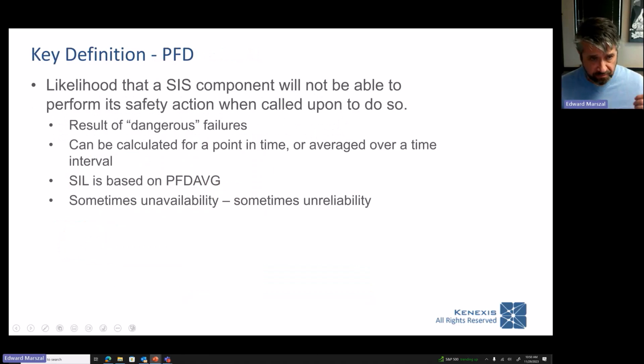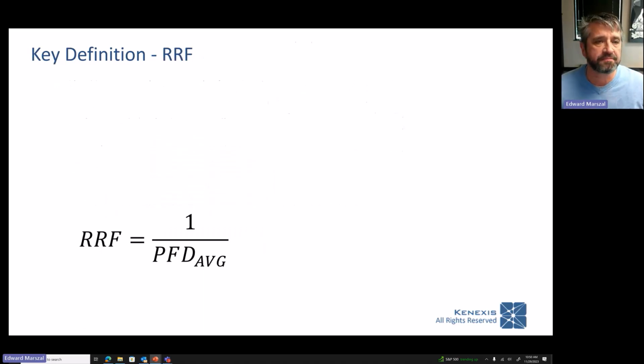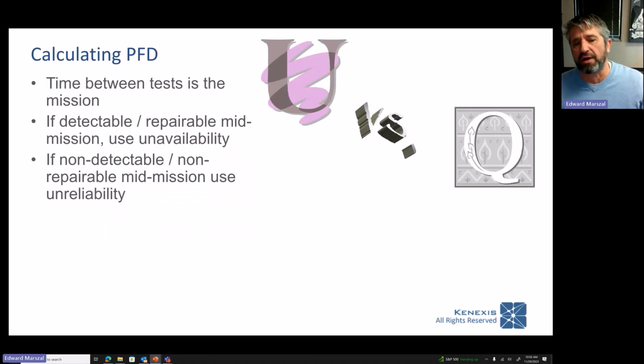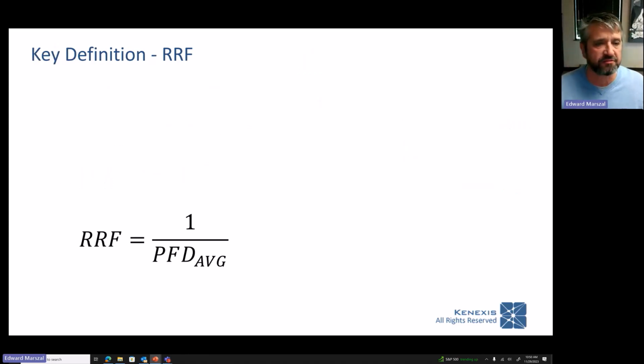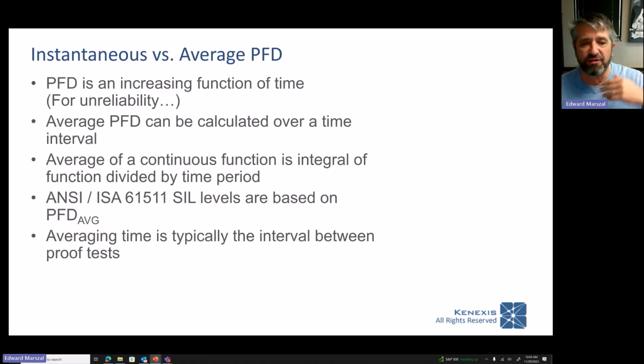All right, so those are the key concepts that the equations are based on. Again, the PFD is going to be a function of unreliability, and it's going to be a function of unavailability based on different terms. And I'm not going to give you the full training class because we only have an hour and a half here together.